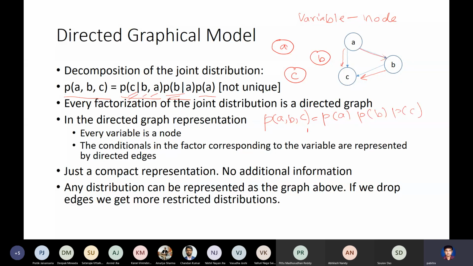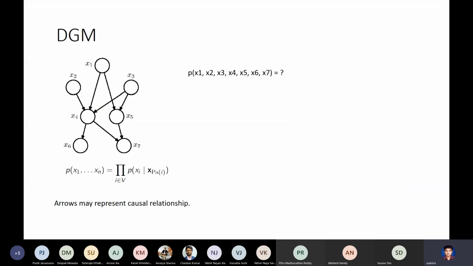So let's take an example of this. There are 7 variables here, and I can write down the factorization easily. Let's look at x1. X1 doesn't have any parent, so it will not have any conditional. X2 doesn't have any parent, it will not have any conditional. X3 doesn't have any parent, it will not have any conditional. Look at x4. X4 has 3 parents: x1, x2, and x3, so it will be conditioned on x1, x2, and x3.